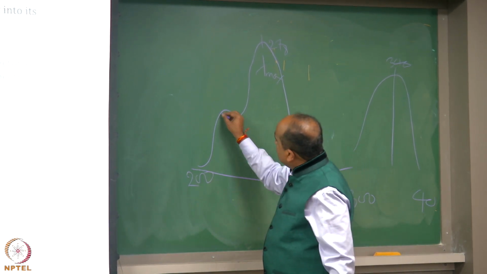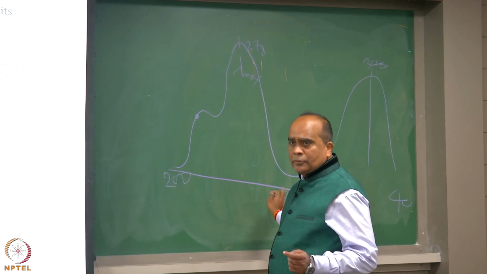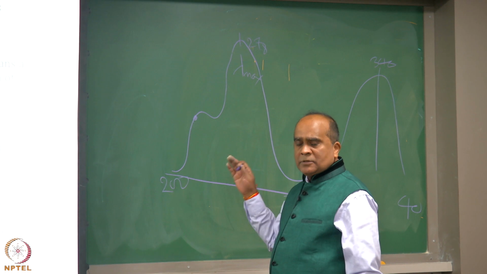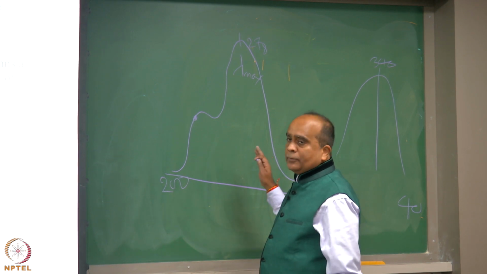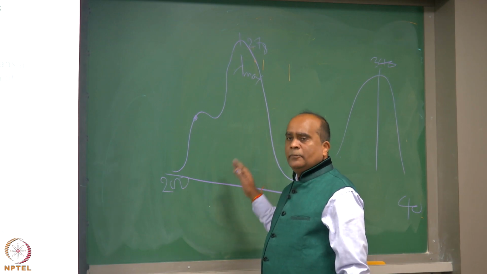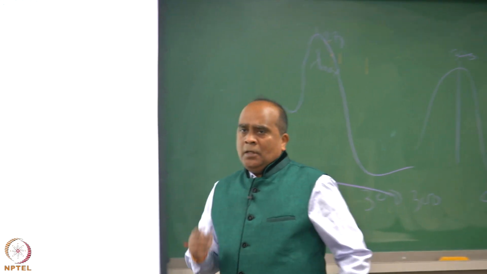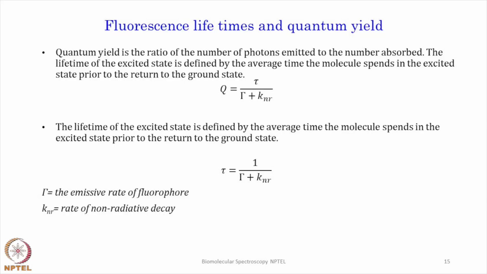Suppose I chose a different wavelength here, will this give me an emission spectrum? Yes, it can, but intensity will be less, your signal detection or photon count will be less. So always the correct way is to first do the excitation spectrum followed by the emission spectrum. So take your time, get the lambda max for excitation, then go to emission.